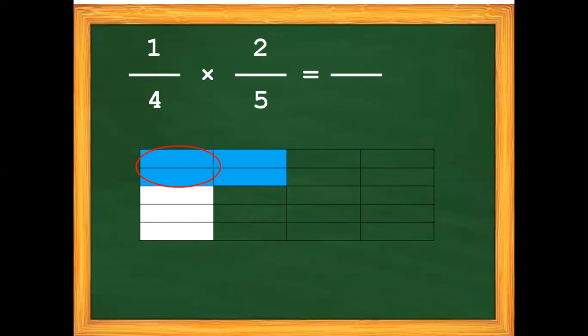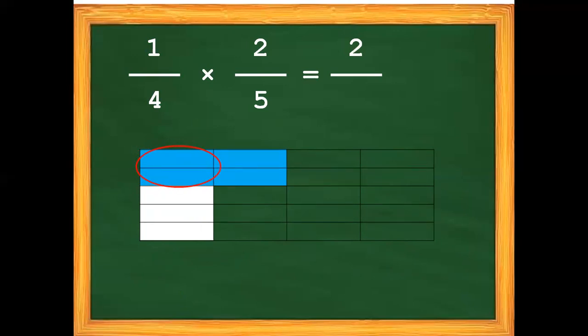Nagpatong silang dalawa. So it means the numerator is 2. Why? If you can see, the overlap part is divided into 2 small rectangles.